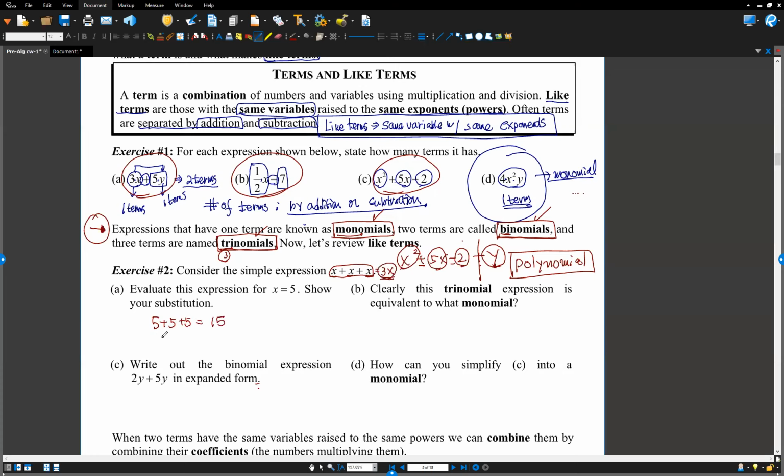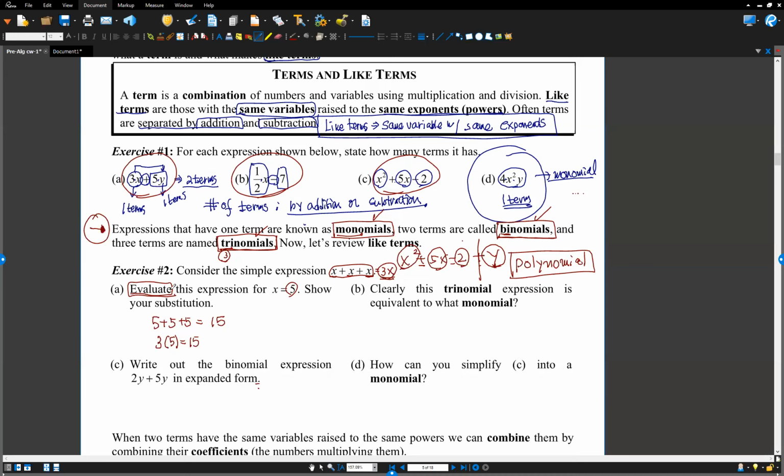Or you can do this one too, 3x. The x is 5, 3 times 5 is 15. Right? Evaluate, memorize what that means. The result should be a numeric expression. That is evaluation. If it includes some variable, that is not evaluate.